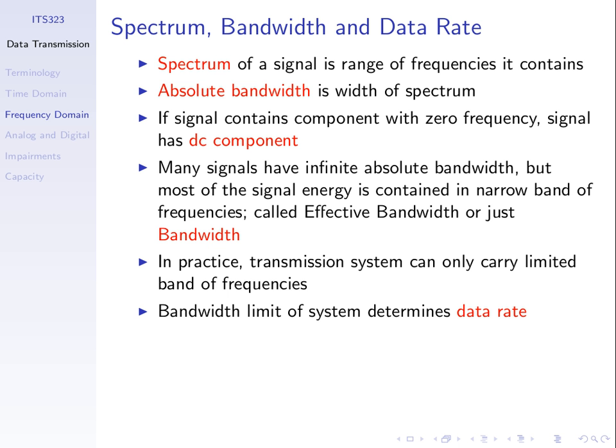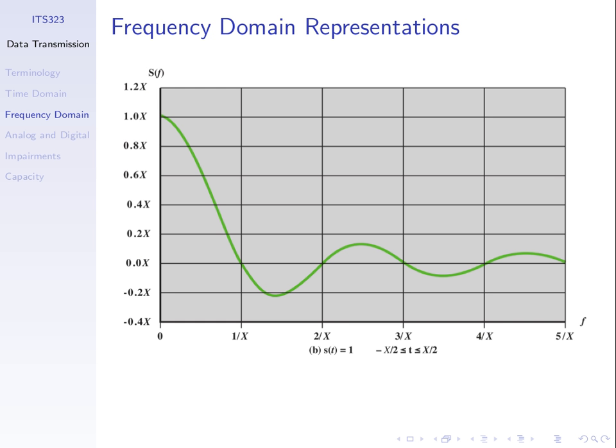But in fact, most of the energy is contained within a small band. And that's what we normally call the bandwidth, the effective bandwidth. You can imagine it gets very, very small here. The peak amplitude is very, very small as we get past some point. Most of the energy, the highest points, are here.